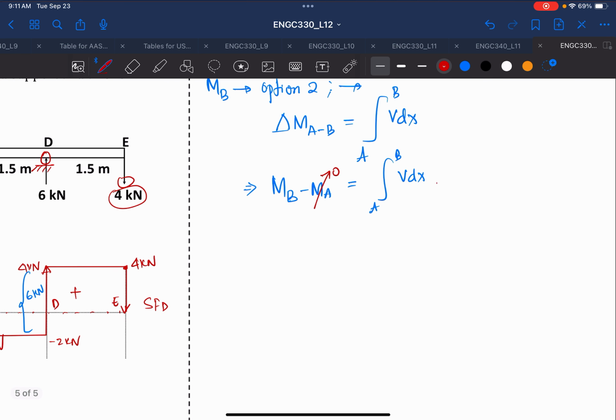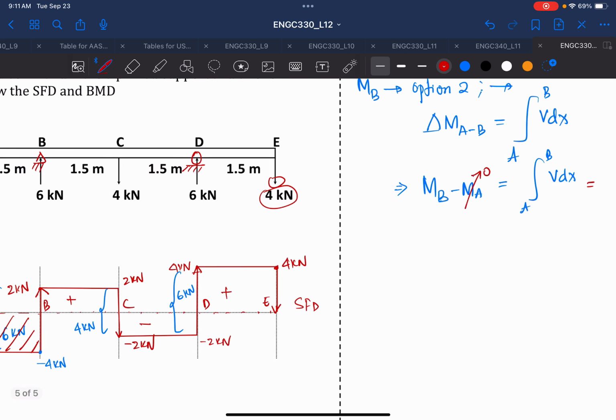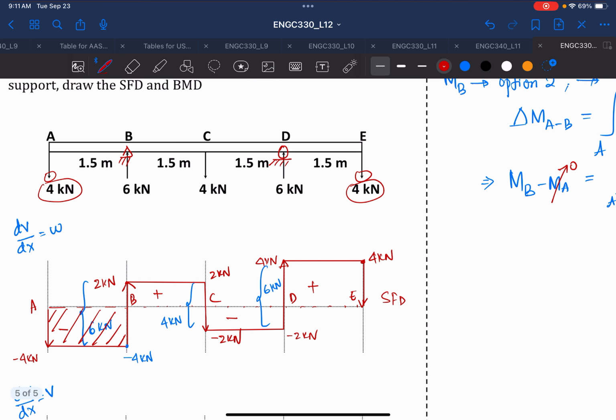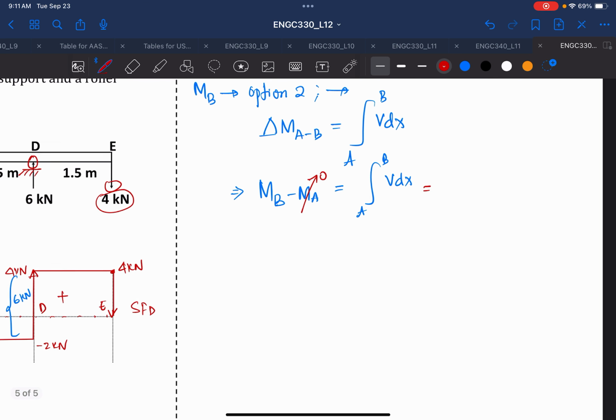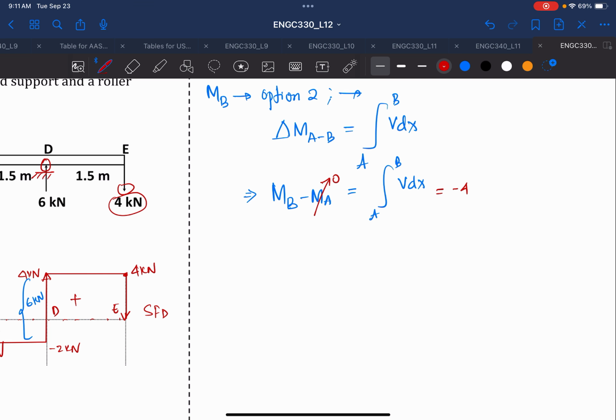The area of this rectangle is minus 4, which is your height, times 1.5. So this will give you minus 6 kilonewton meter. So your MB is equal to minus 6 kilonewton meter.